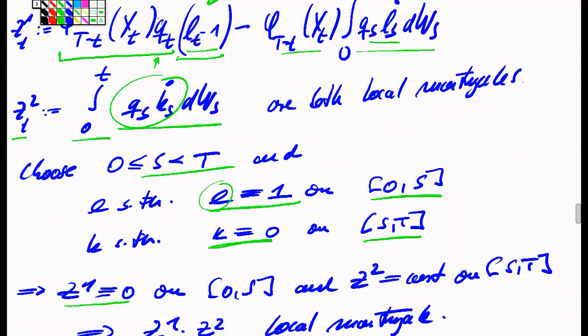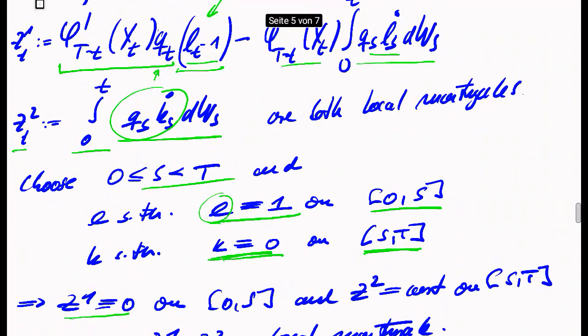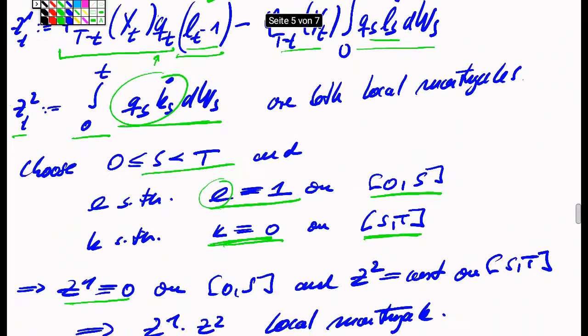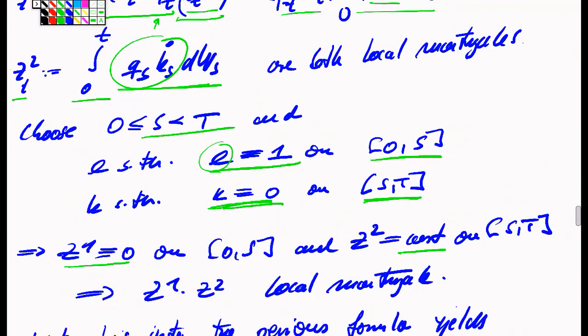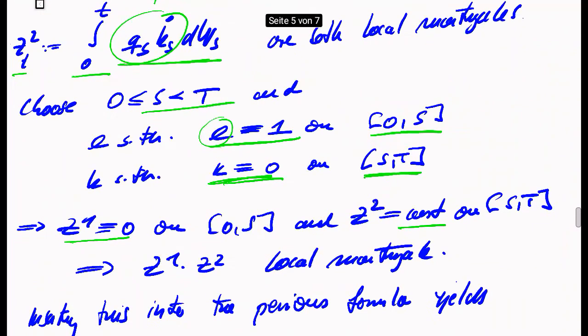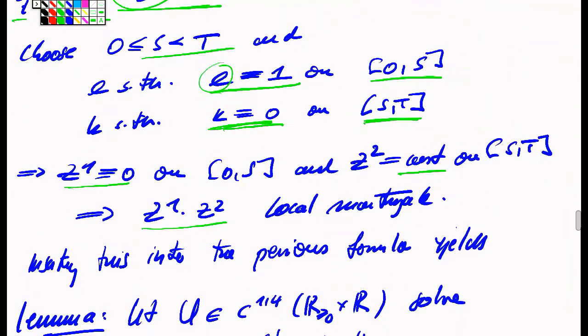And on the complementary time interval from S to T, K is equal to 0, which means that K dot, of course, is 0, which means that the process Z is constant there. So therefore, these two martingales, Z1 and Z2, are constant on mutually exclusive time intervals, which means that the bracket process of the two martingales is just 0, and therefore the product of the two martingales, or local martingales, is a local martingale simply because that bracket process vanishes.